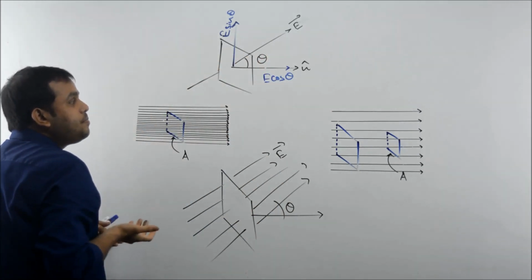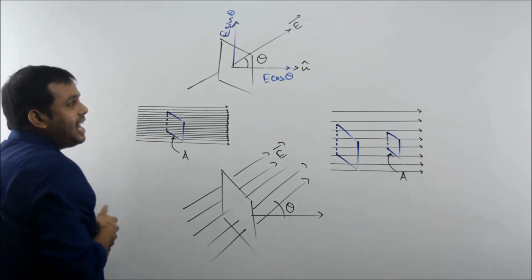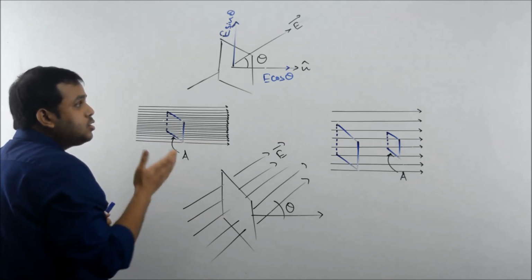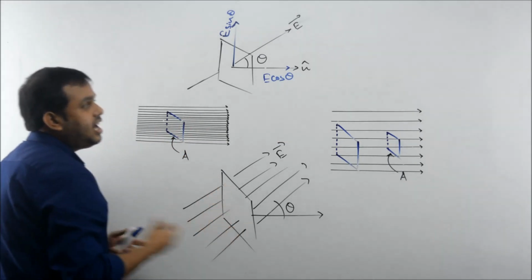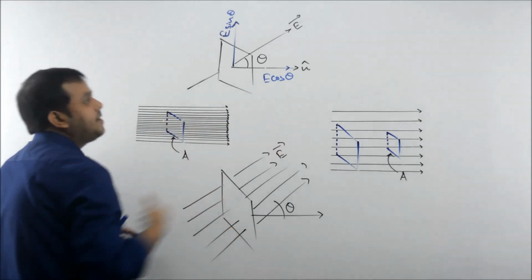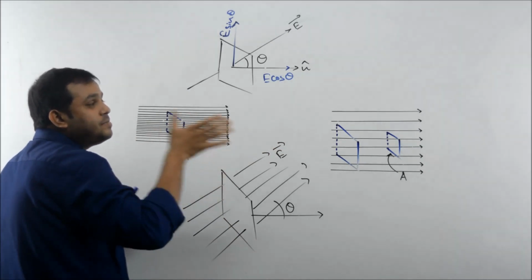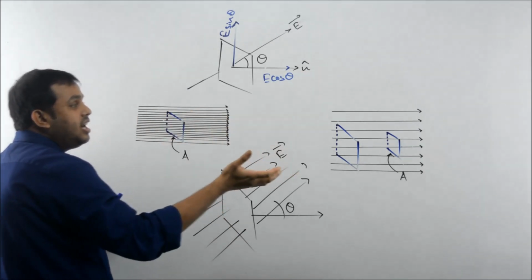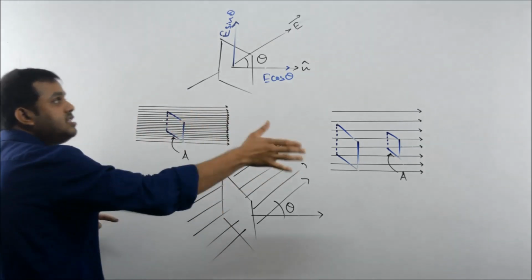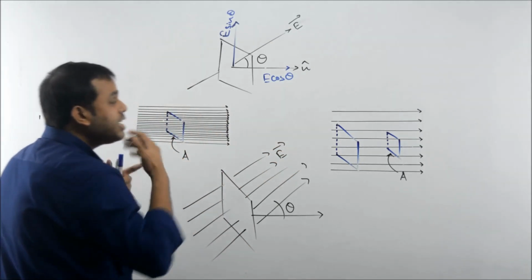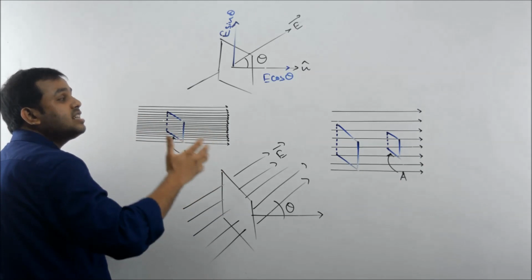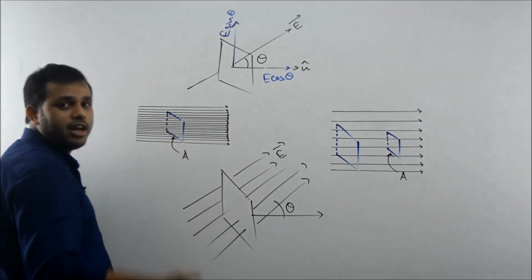Or you can say if electric field lines are passing through a surface, then it is E cos theta which is basically piercing. E sin theta is not piercing. Or you can say it is E cos theta which is contributing to the electric flux.